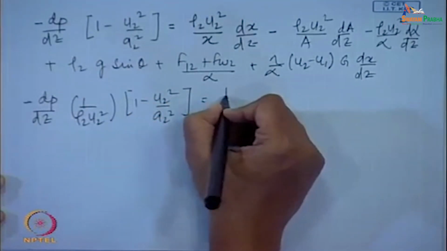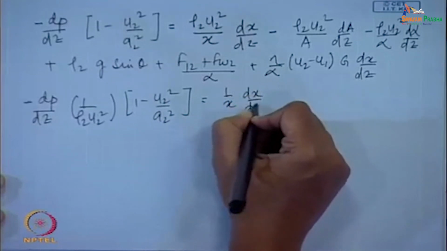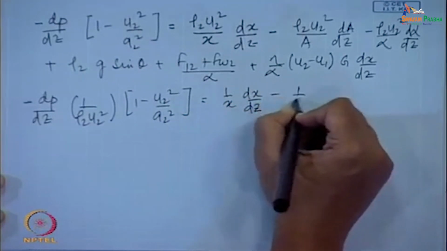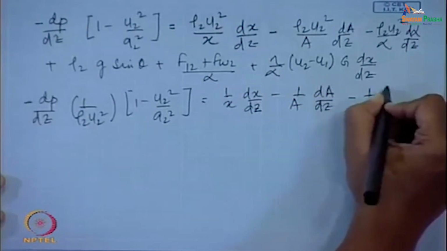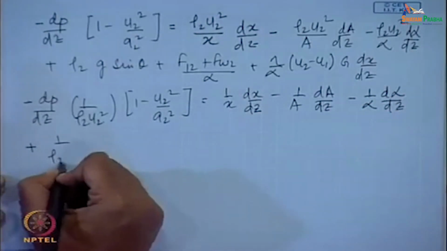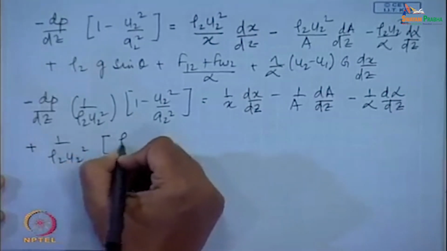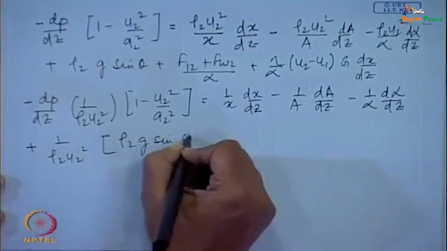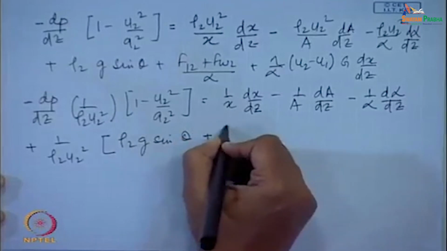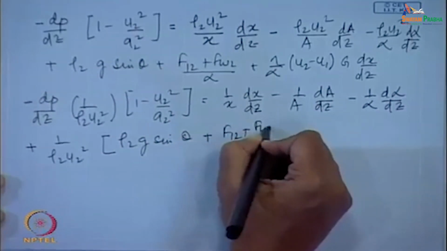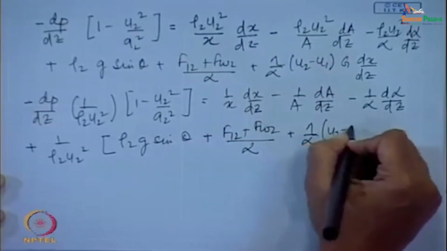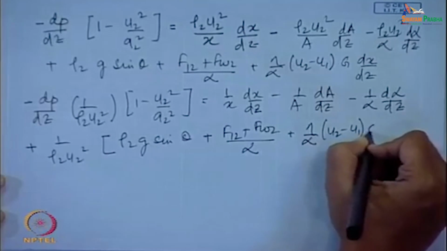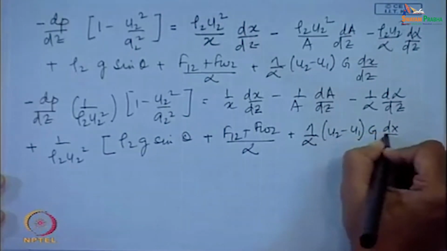This is nothing but equal to 1 by x dx/dz, 1 by A dA/dz, 1 by alpha d alpha/dz, plus 1 by rho 2 u2 square times (rho 2 g sin theta plus f12 plus fw2 by alpha plus eta by alpha (u2 minus u1) g dx/dz).